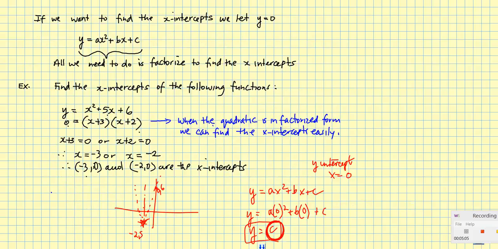Now if we want to find the x-intercepts, though, so we found the y-intercept by letting x equal 0, if we want to find the x-intercepts, we let y equal 0. So all we need to do is factorize to find the x-intercepts, because we've already done this. When we have solved for x, we have always been finding the x-intercepts, or the roots, or the zeros.